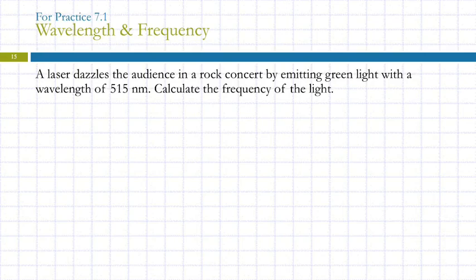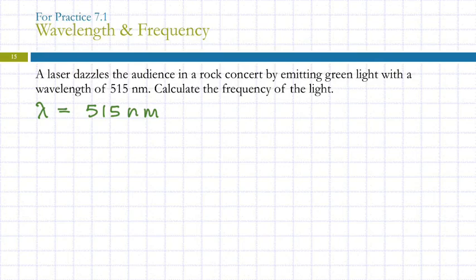So we could do some calculations like this. A laser dazzles the audience in a rock concert by emitting green light with a wavelength of 515 nanometers. Calculate the frequency of the light. So the wavelength is 515 nanometers.